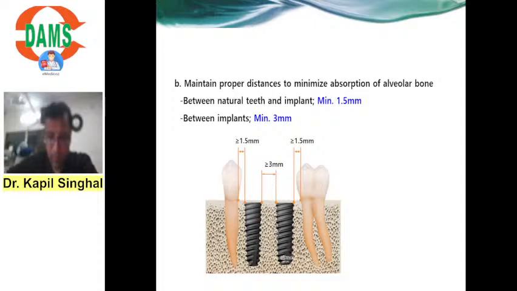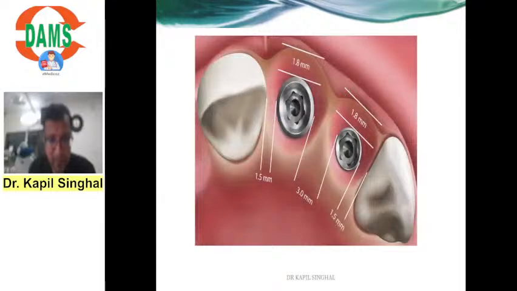Okay. Similarly, the distance between two implants should be at least 3 mm. So, implant to natural tooth is in a range of 1.5 to 2 mm, and inter-implant distance should be minimum 3 mm. Okay, inter-implant should be minimum 3 mm.